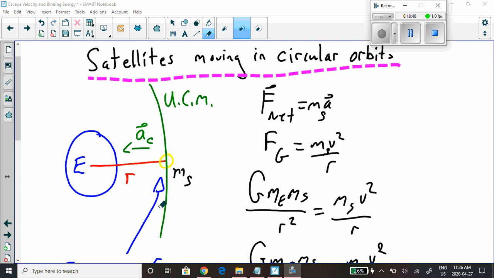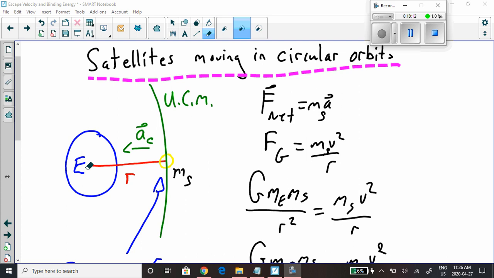So we know that the net force acting on the satellite is equal to the mass of the satellite times its acceleration. We know that the only force acting here is universal gravitation. And we know that this particular acceleration is centripetal, so we can put v squared over r in here, r being how far the satellite is from the center of the Earth.